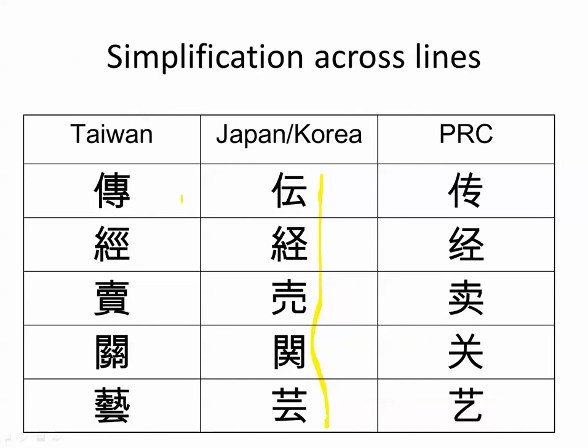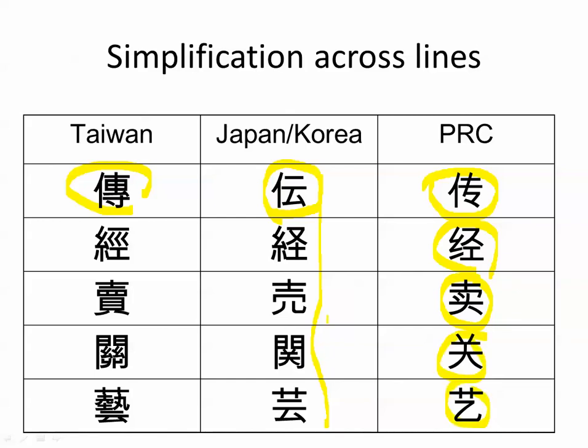So you can see the difference between the traditional form, what I'm going to call the standard simplification, the thing that people were writing for centuries before it got standardized, and then the creation out of the PRC. These simplifications in the PRC are all relatively new creations.